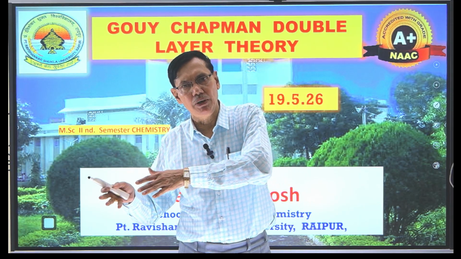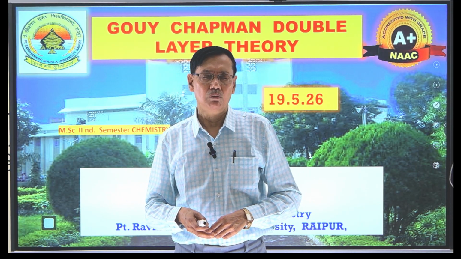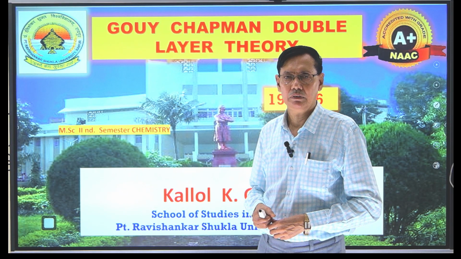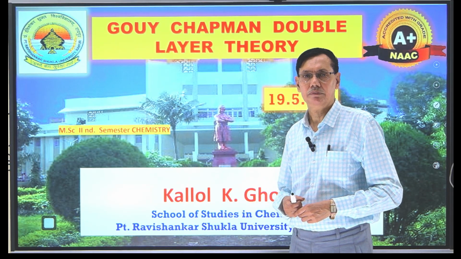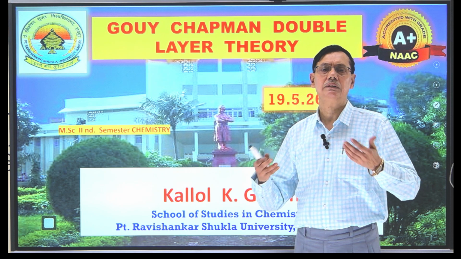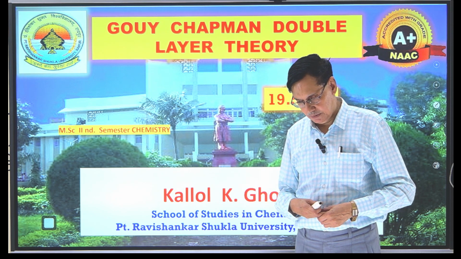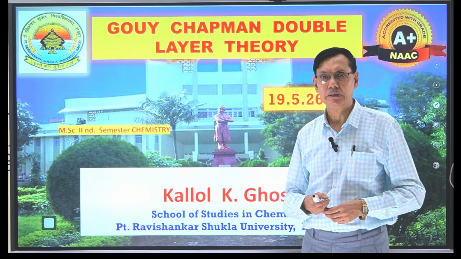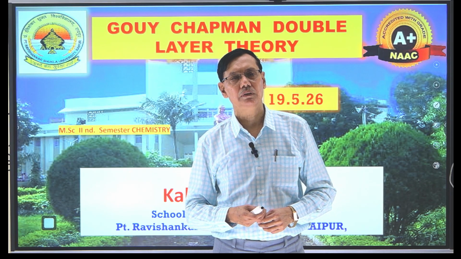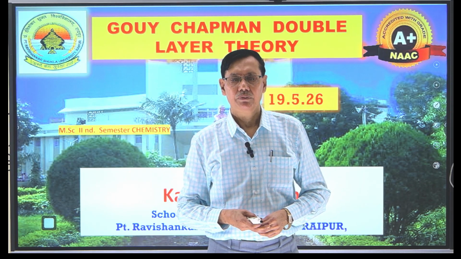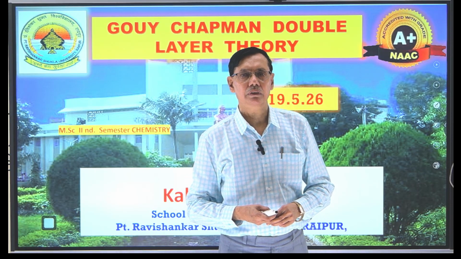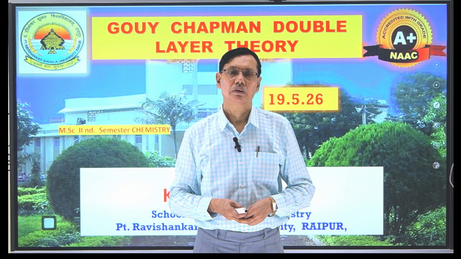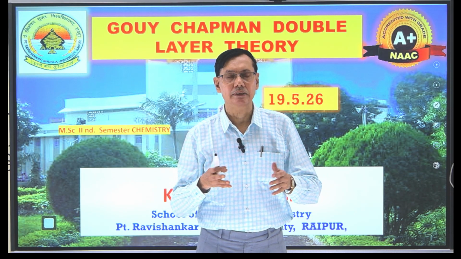There are some problems in that Helmholtz and Perrin model. So Gouy and Chapman developed that model, which is more realistic than the Helmholtz model. Basically, in all these models, we derived the differential capacitance and the movement of the ions.